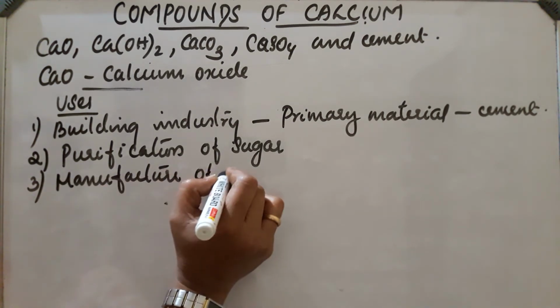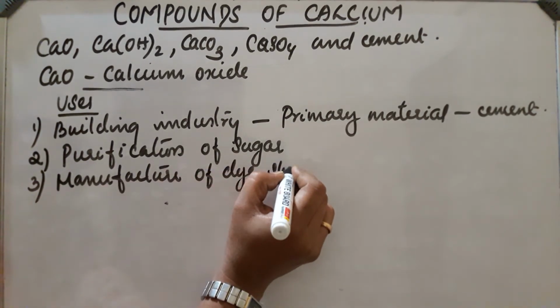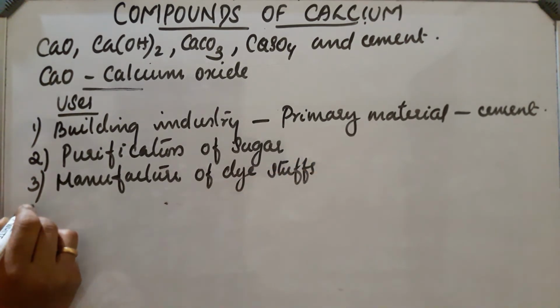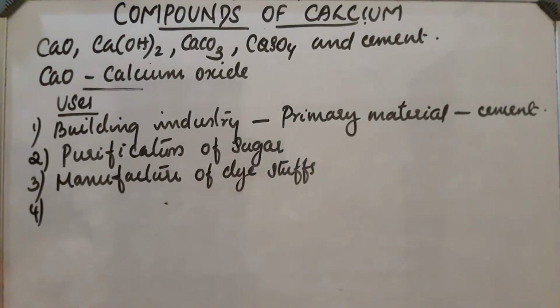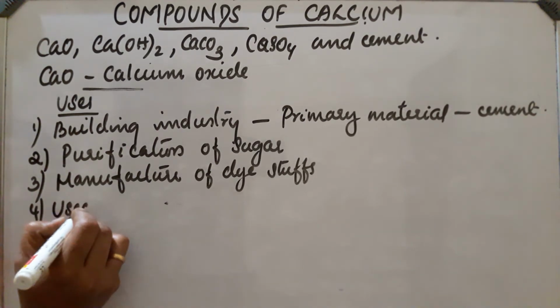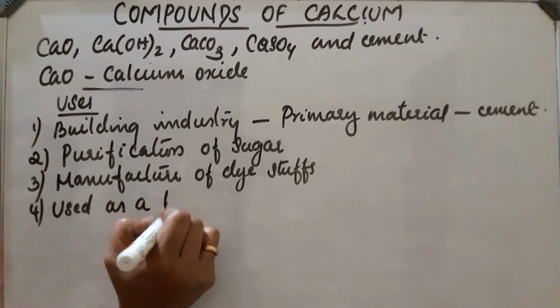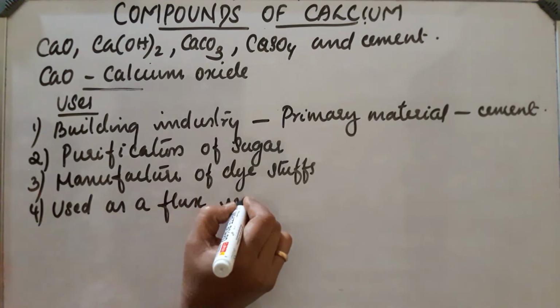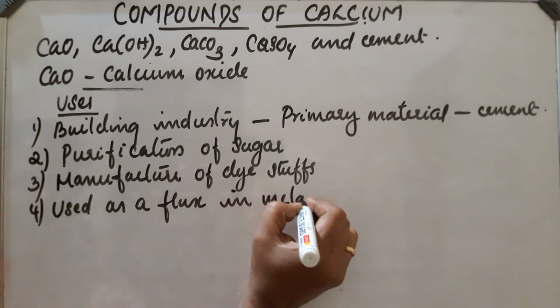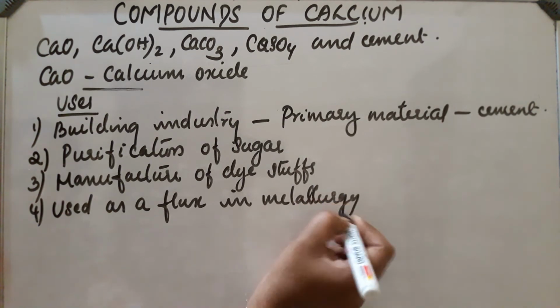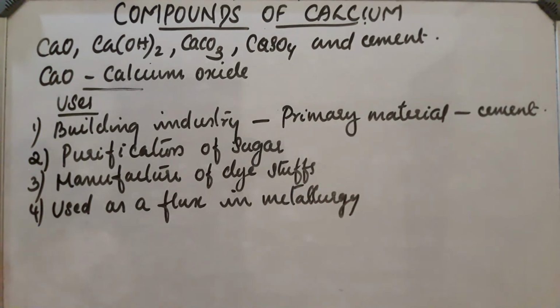Then, it can be used as a flux in metallurgy, that is, it is used to remove impurities during the metallurgical process.